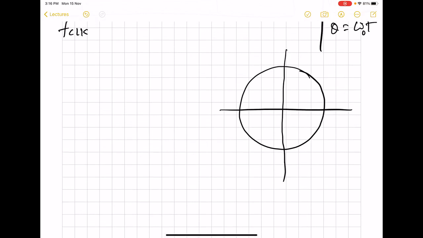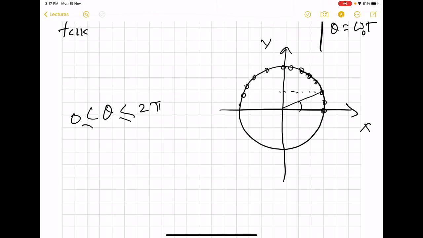So here we know that this theta is going to vary from 0 to 2 pi. This is the range over which it will vary. And for any given angle theta, the sine value will be clearly the projection of this vector on the y-axis. So what we do is that we store very large number of these angles in the angle accumulator.